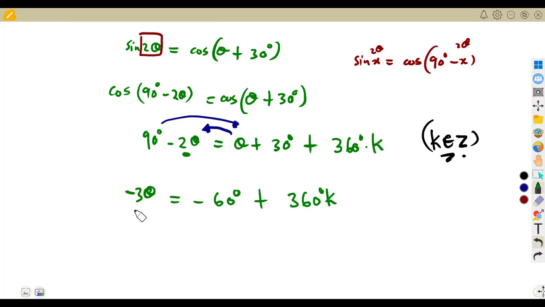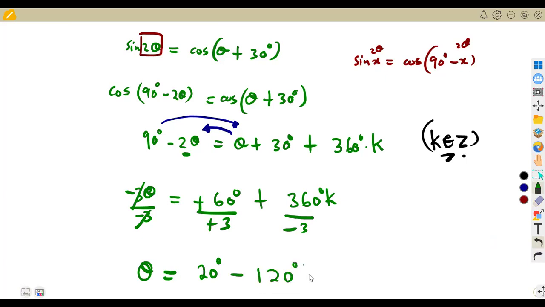We divide by negative 3 each and every term. If we divide 60 by 3, that's 20. Positive, negative, that's a negative 120 times k.